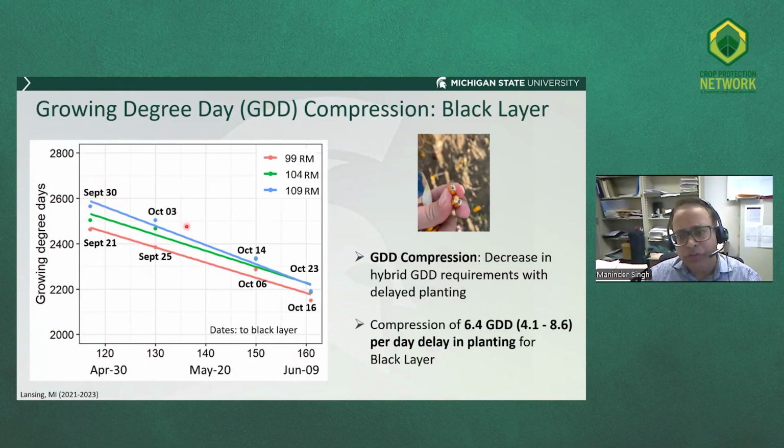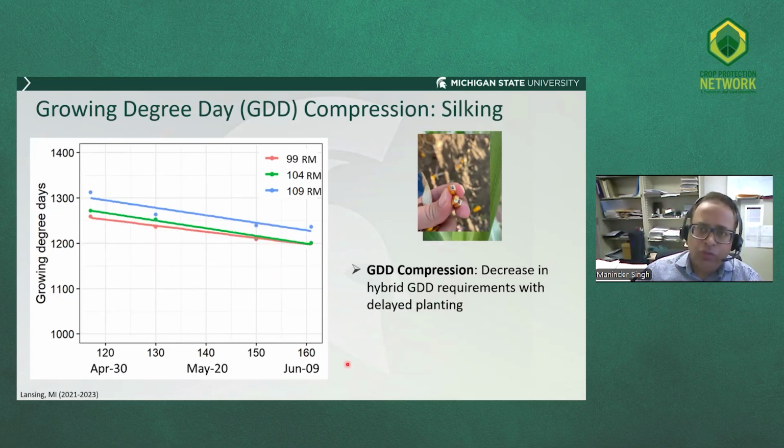The amount of this compression, we did quantify that. The number was about 6.4 growing degree days decline per day delay in planting. And this data is from planting up to black layer. We also looked at planting to silking and did see some compression happening here as well.